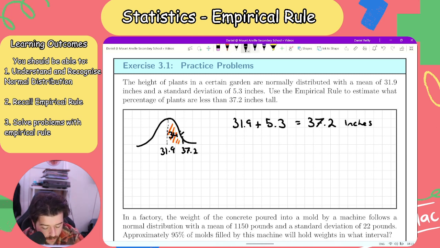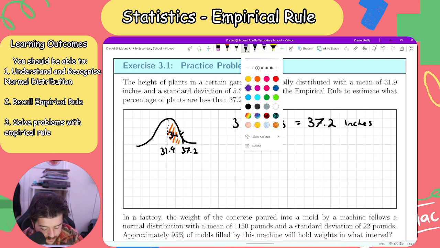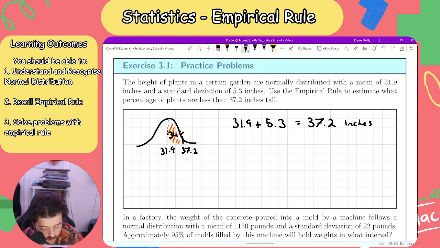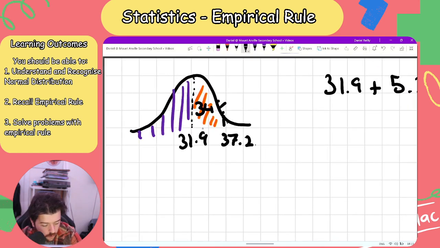But what area am I looking for here? I'm looking for the percentage of plants that are less than 37.2. So I'm looking for all of this. Well, again, like I said previously, I know between 31.9 and 37.2, 34% of my data lies. What percentage of my data lies below 31.9?